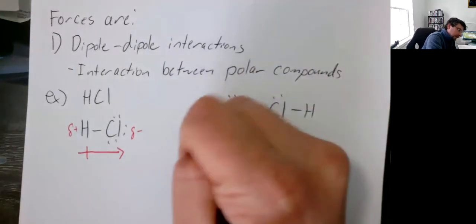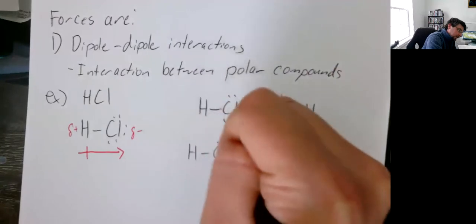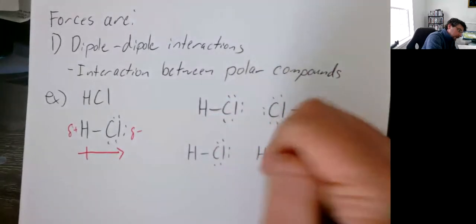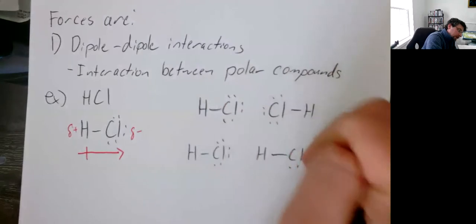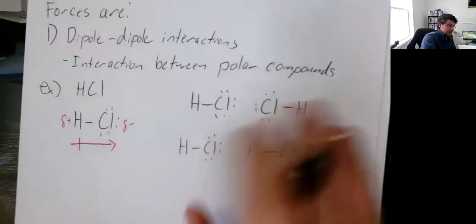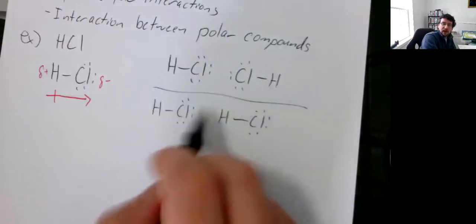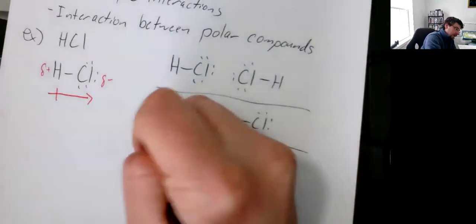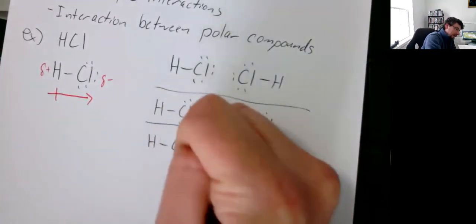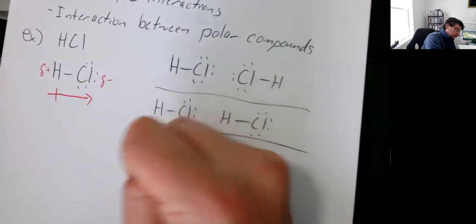We could have the chlorine pointing at a hydrogen, and then we could have another set where, instead of having them interact end to end like this, we could have them interact side to side, like so.